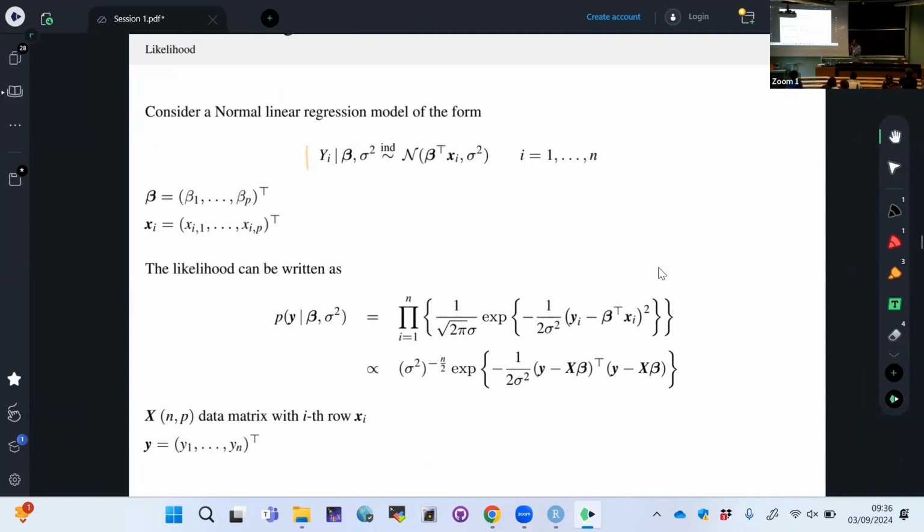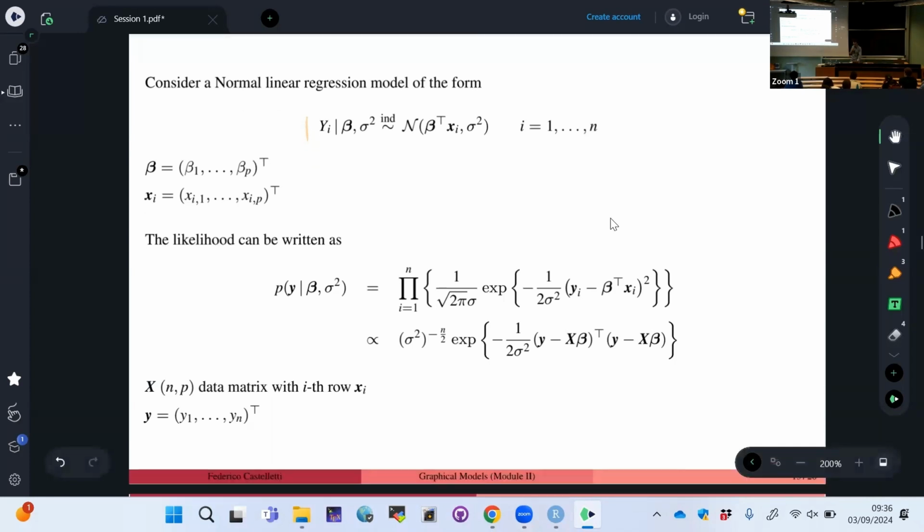The parameters are beta, our p-dimensional vector of regression coefficients, and sigma squared, which is the conditional variance, or the variance of the error term, if you prefer another notation.